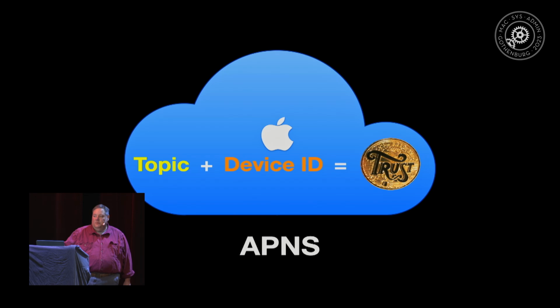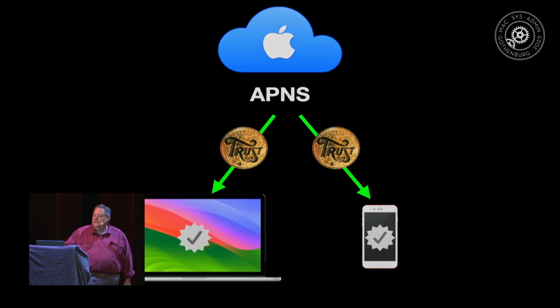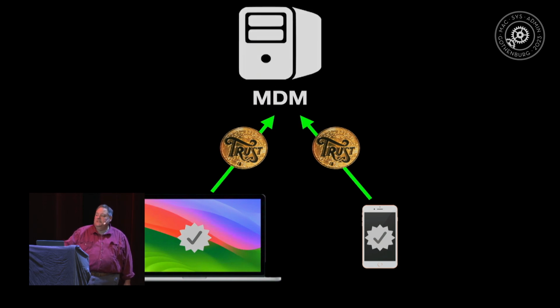APNS then generates a token based on the combination of the device ID and the MDM topic. Once APNS has generated the token, it sends it down to the device. Now, once the token is sent to the device by APNS, the device then forwards it on to the MDM server. Once the MDM server has it, the token is associated with the MDM's record for that device.